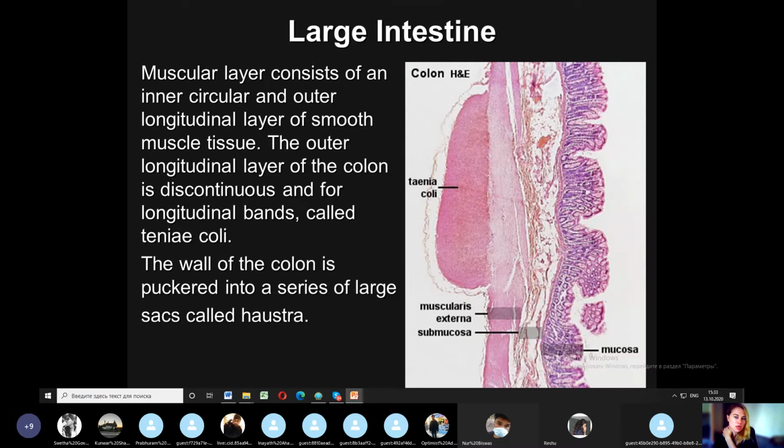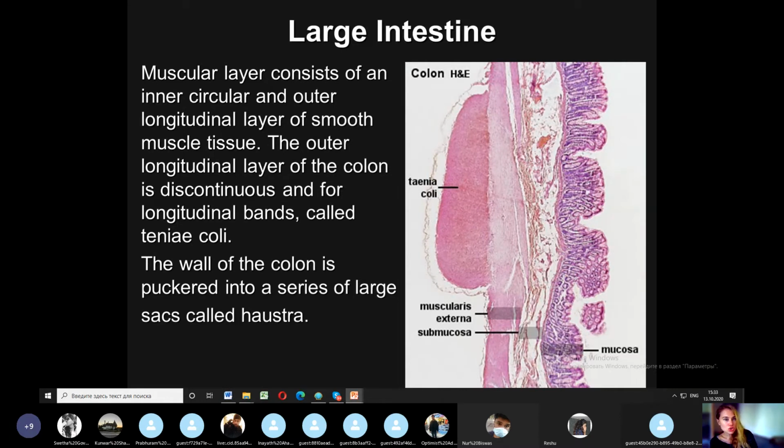Also, it provides absorption of vitamin K and also the large intestine contains the bacterial flora. These microorganisms provide a protective role against pathogenic flora in case of its invasion to the digestive system.